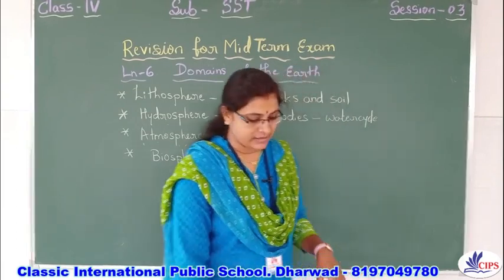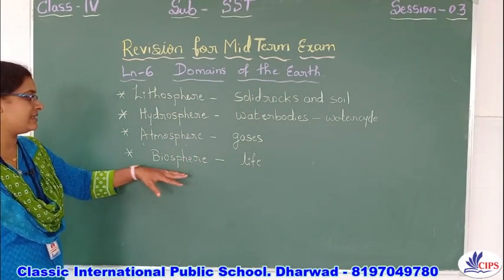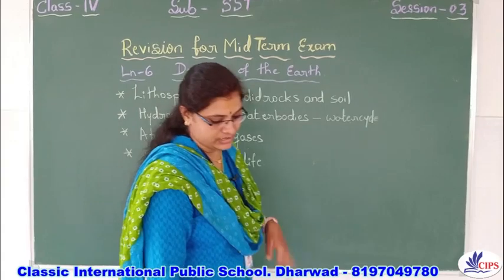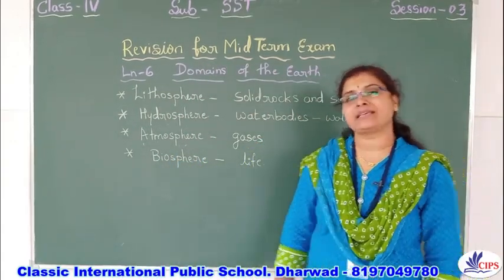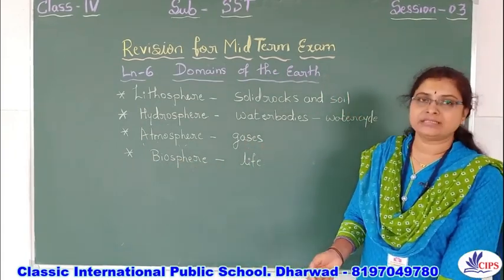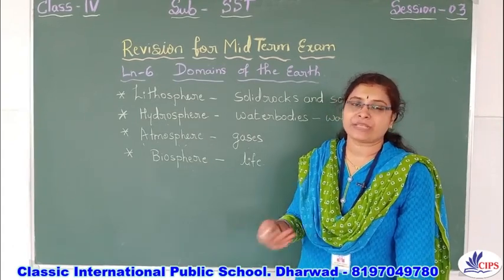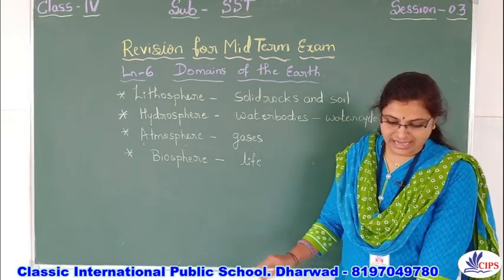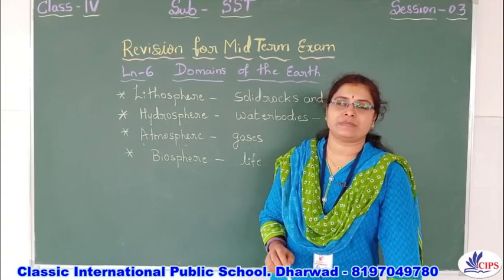Okay. So then come to the next one, children. Which domain? The last one, that is the biosphere. What is the biosphere? The area of the earth where living beings are found. Living beings means human beings, animals, birds, insects, etc. That is called the biosphere.